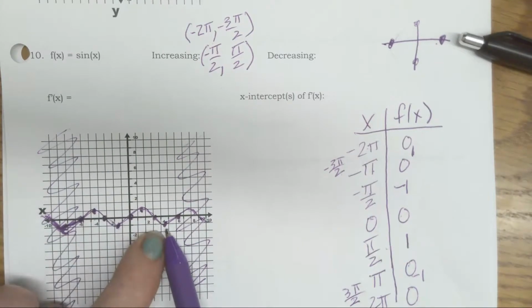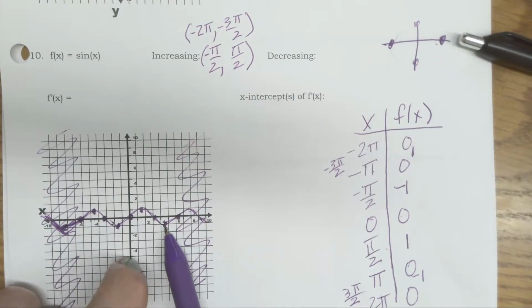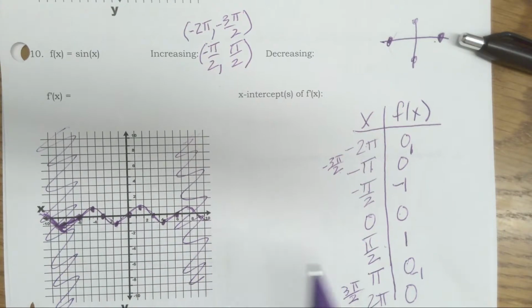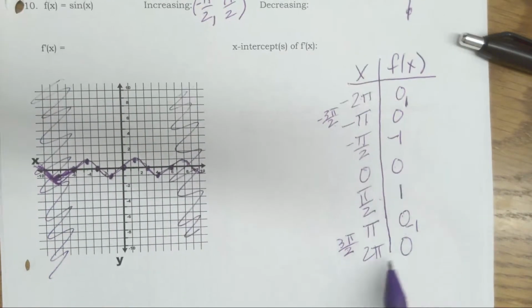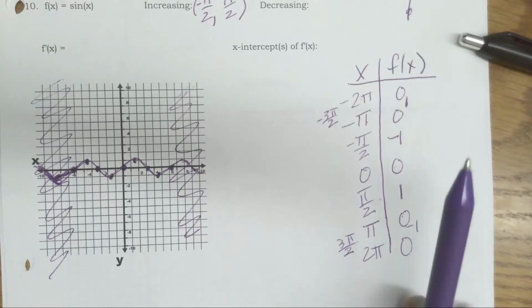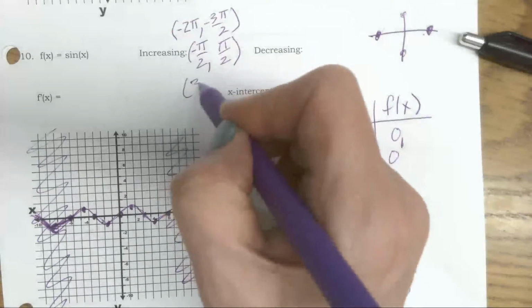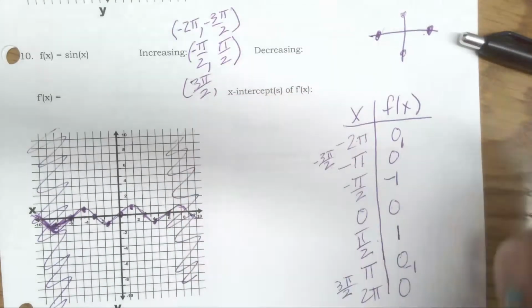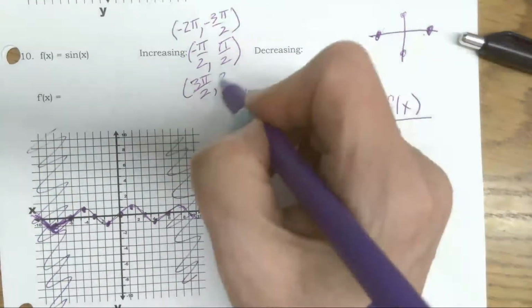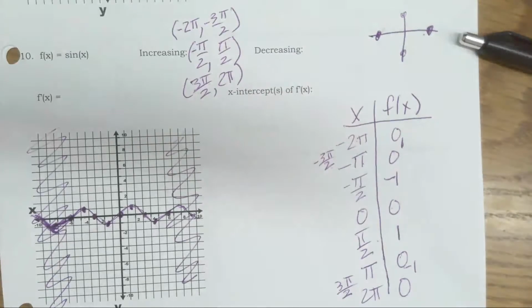What was this one here? Where was our other negative one? At 3 pi over 2? So 3 pi over 2 to, and then we stopped at 2 pi. All right.